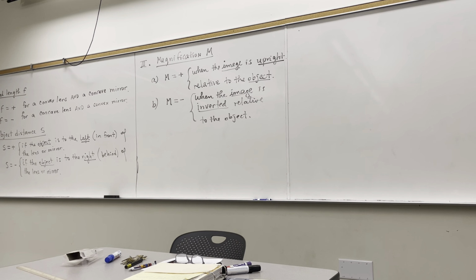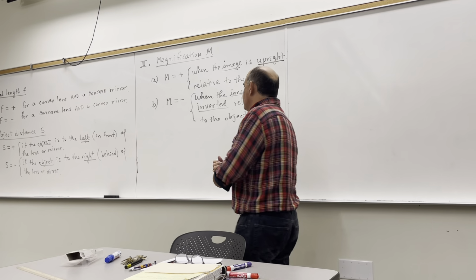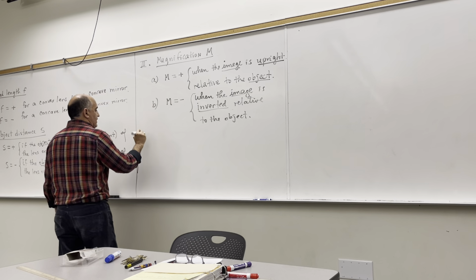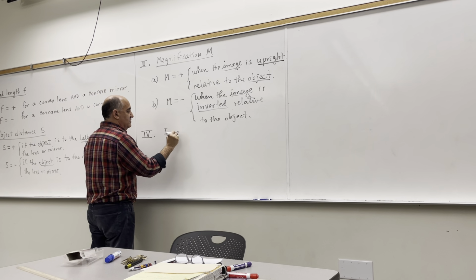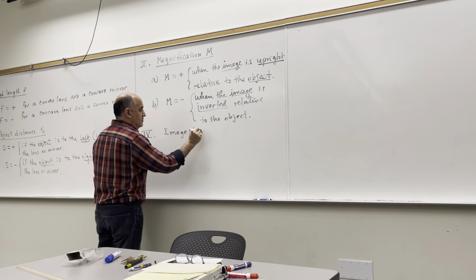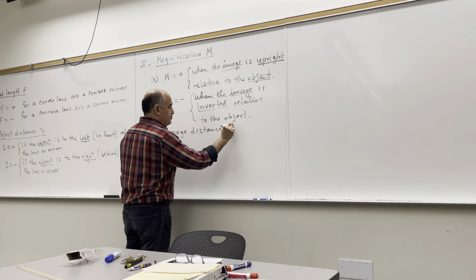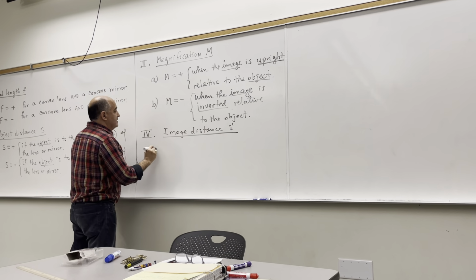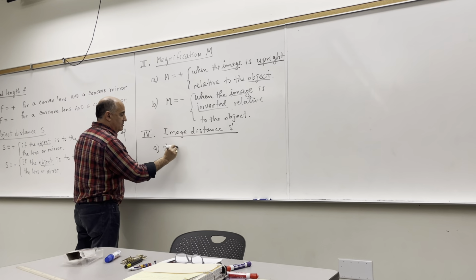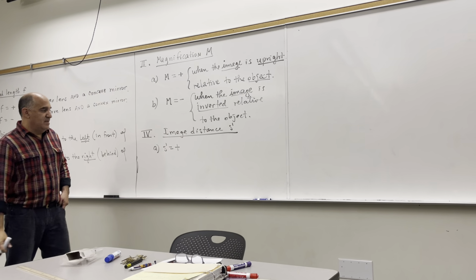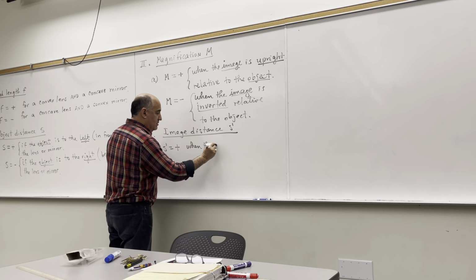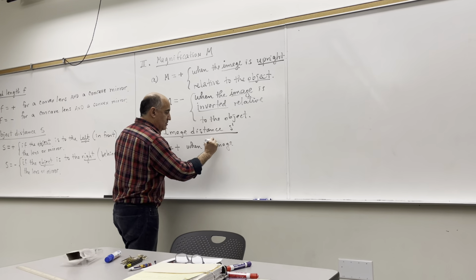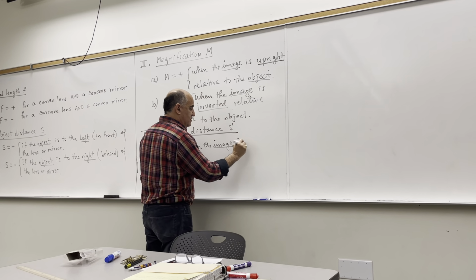So the last one is the image distance S prime. When is the image distance S prime positive and when is it negative? So this is the image distance S prime, right? When is the image distance positive? If it comes out positive, what does it mean? That's when the image is real.